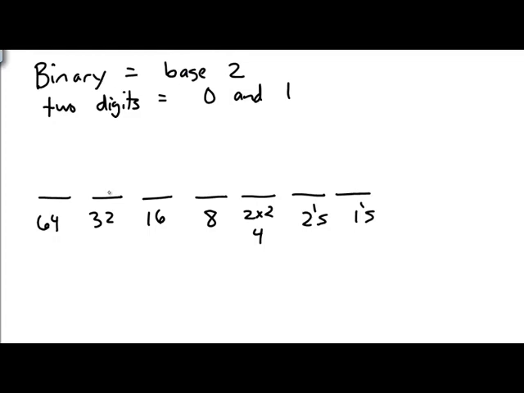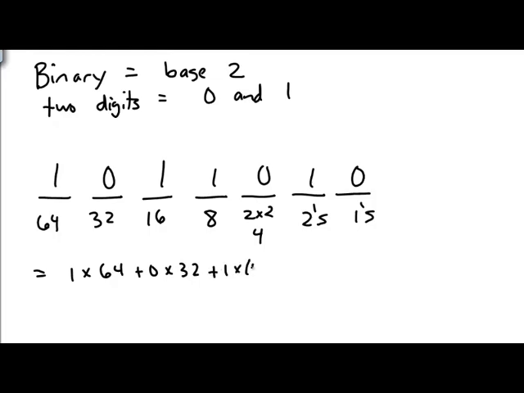For example, the only digits you have are ones and zeros. So if you had 1 0 1 1 0 1 0, that is a 64, plus no 32s, plus a 16, plus, well, we know what happens when you multiply a number by 1. We know what happens when you multiply a number by 0. It's plus an 8, plus no 4s, plus a 2.